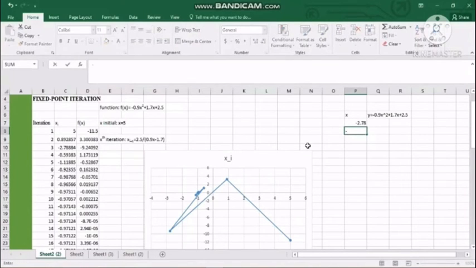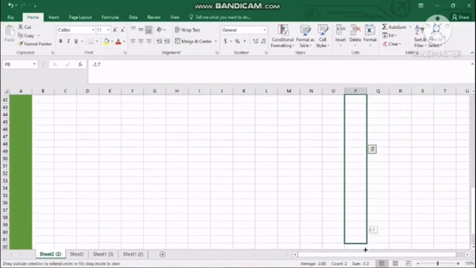We will use an interval of 0.1: negative 2.78, negative 2.7, negative 2.6. Drag it until we get 5.